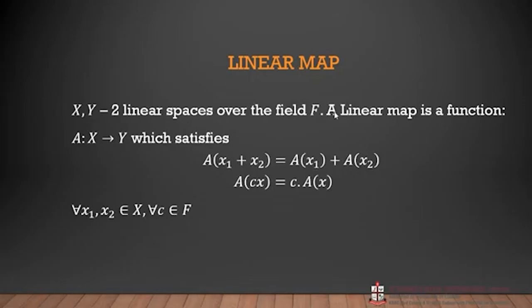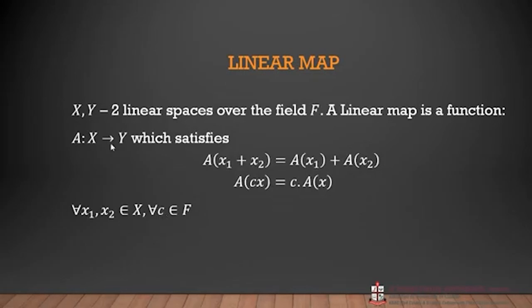Both of them should be over the same field F. A linear map is a function A from one linear space to the other, from X to Y, which preserves addition and scalar multiplication. Means A of x1 plus x2 is equal to A of x1 plus A of x2, and A of cx is equal to c times A of x for all x1 and x2 in capital X and for all c an element of F.